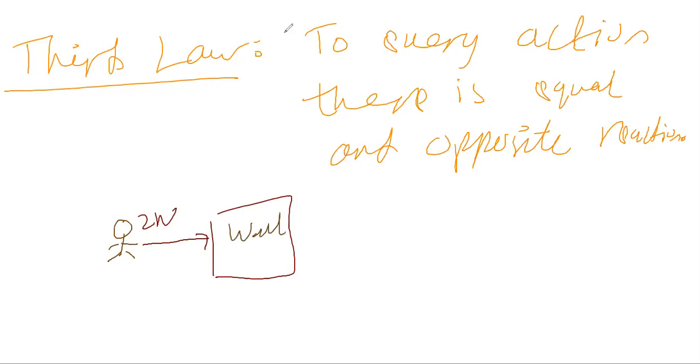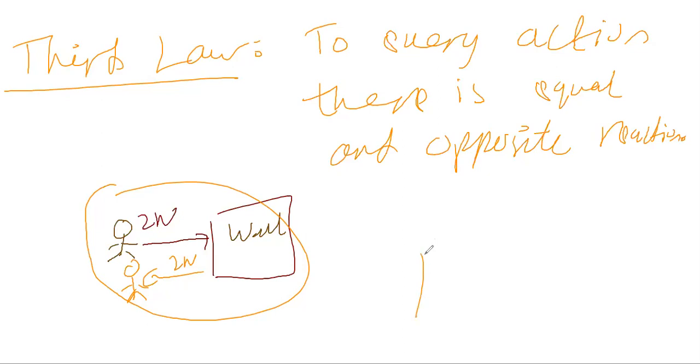In return, the wall will also produce 2 newtons on you. So Newton's third law says that to every action there is an equal and opposite reaction. So an equal reaction of 2 newtons, but in the opposite direction. Is this clear?